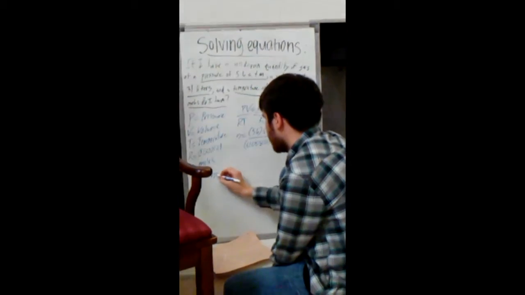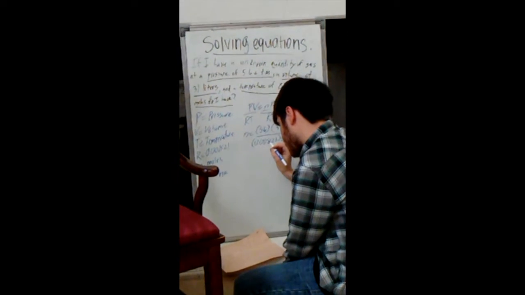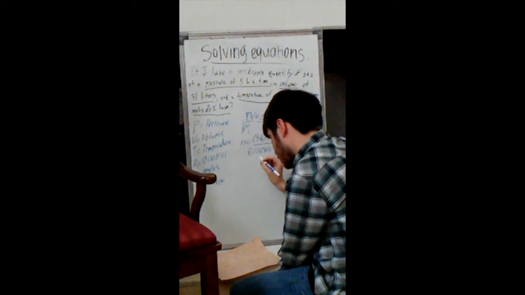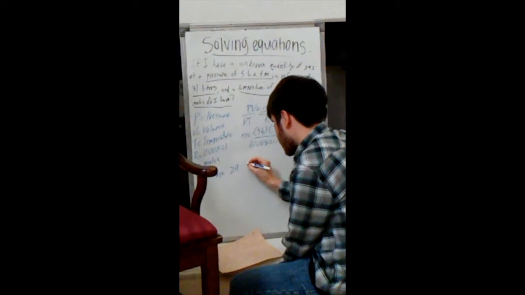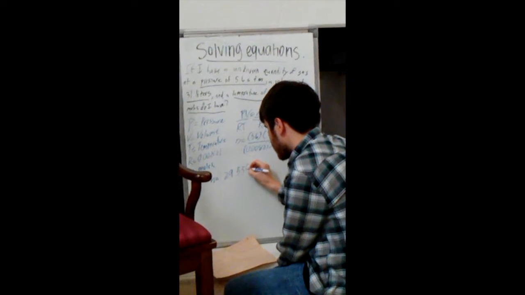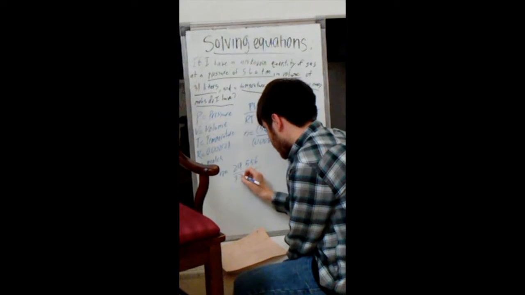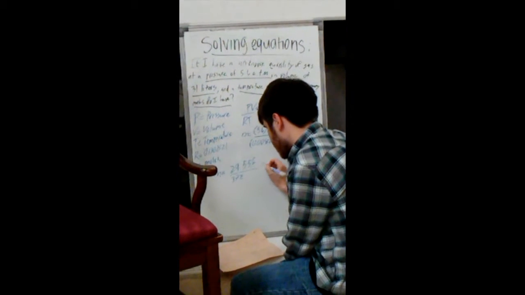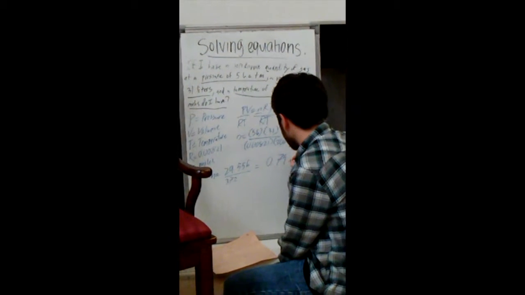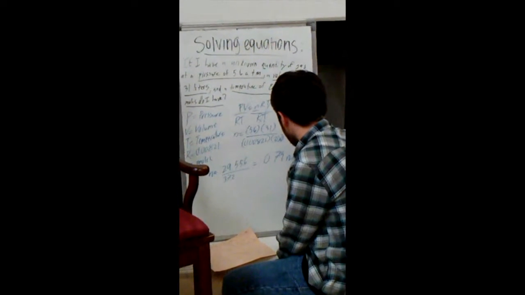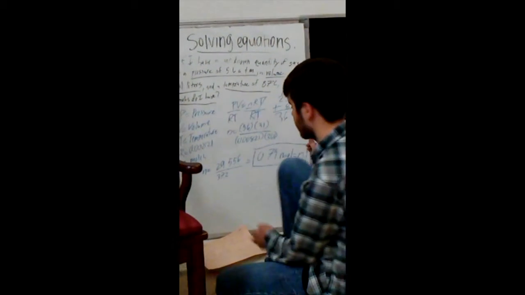So n equals 29.556 over 37.2, which equals 0.79 moles, which equals that. And you can use your calculator if you don't believe me.